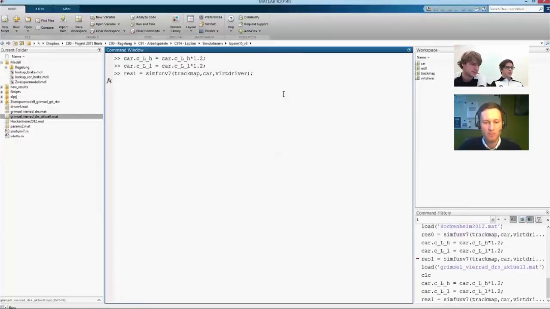Okay. And then depending on the hardware you're using, it takes a little bit of time. Here on a dual-core PC we have around 40-50 seconds to simulate one lap. For an endurance it's a little bit more, and for acceleration it's only several seconds to calculate the results.